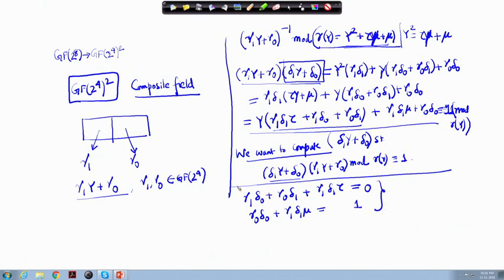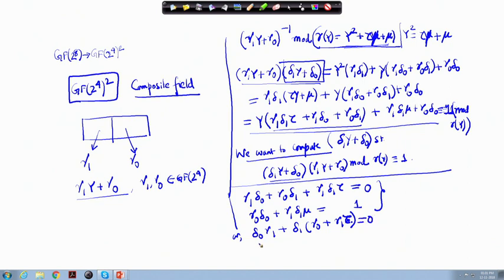Okay. So you can imagine that I want delta 0 and delta 1. So I can just rewrite this as delta 0 gamma 1 plus, taking delta 1 common, delta 1 times gamma 0 plus gamma 1 tau, and this is equal to 0.